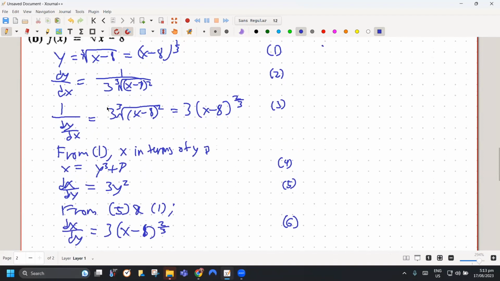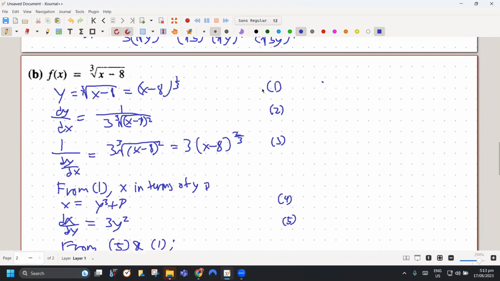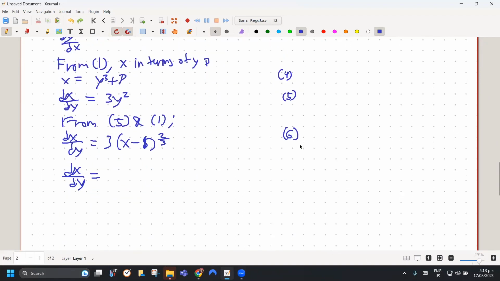So that the argument is sensible, you need to combine equation 3 and equation 6.